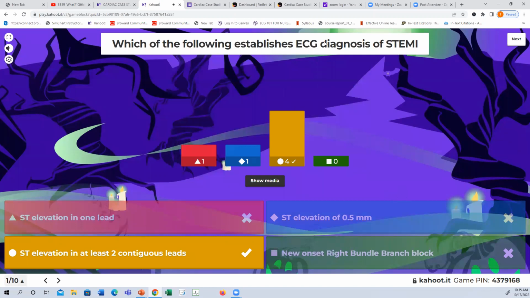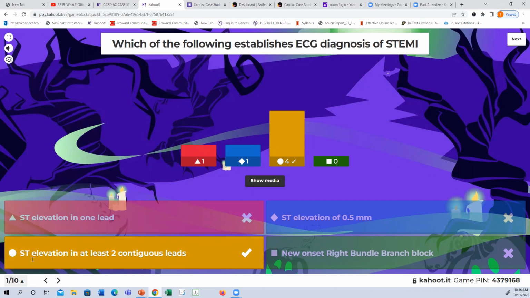Okay, so MI or STEMI could be diagnosed in the ECG, manifested by any or all of the following. ST elevation in at least two related or contiguous leads. And then, of course, the ST elevation has to be significant. When we say ST elevation is significant, it has to be at least 1 millimeter if we're talking about leads 1, 2, 3, AVL, and AVF, or 2 millimeters if we're talking about the V leads, V1 up to V6.